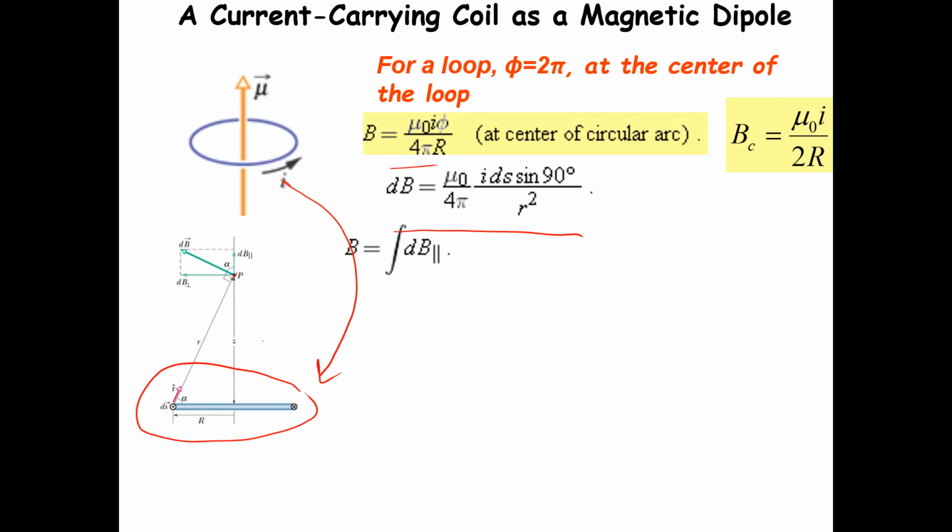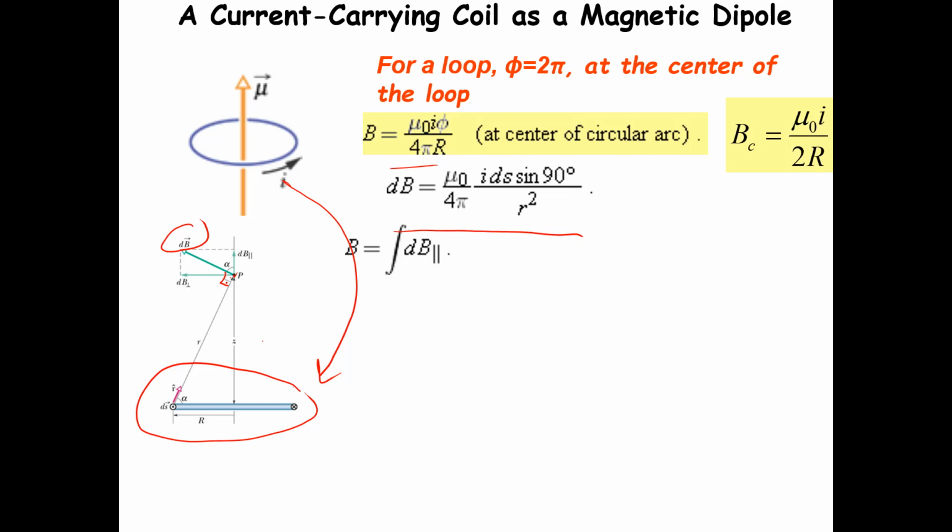In another way, we can see the dB, the small fraction of magnetic field due to the magnetic dipole, in an illustration like this figure. The direction of dB is like this, making a 90-degree angle with r.